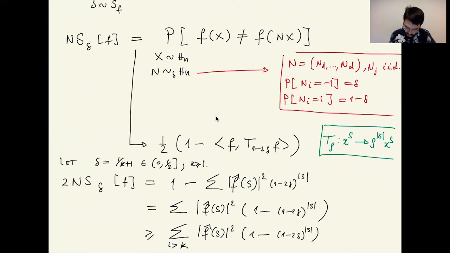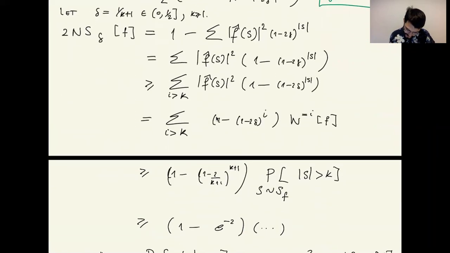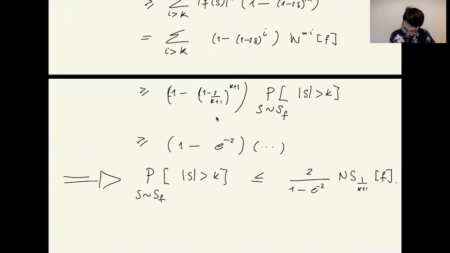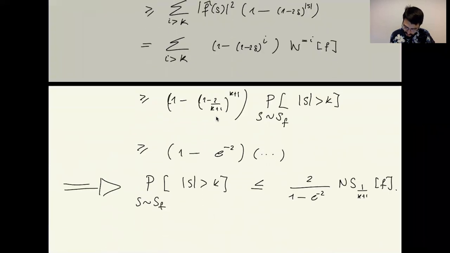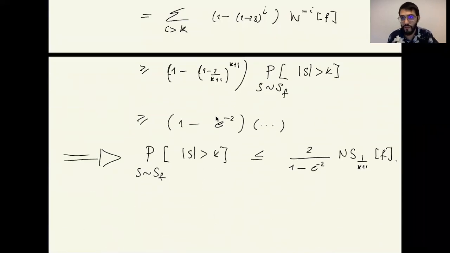If F wasn't Boolean, then probably we had here the L2 norm anyway, and then we could do basically the same thing. And I bet we would get the same thing here on the right. Okay, but I will leave you that as an exercise. I don't know, maybe we get the same thing, maybe we don't.